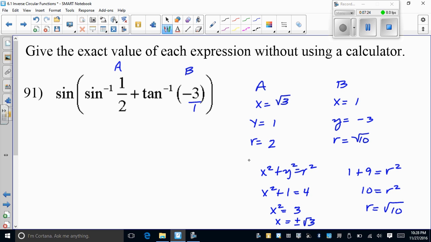So our special case on this one, if you have sine of a plus b, it's going to be sine of a cosine of b plus cosine of a sine of b. Okay, so sine of a they gave us 1/2.